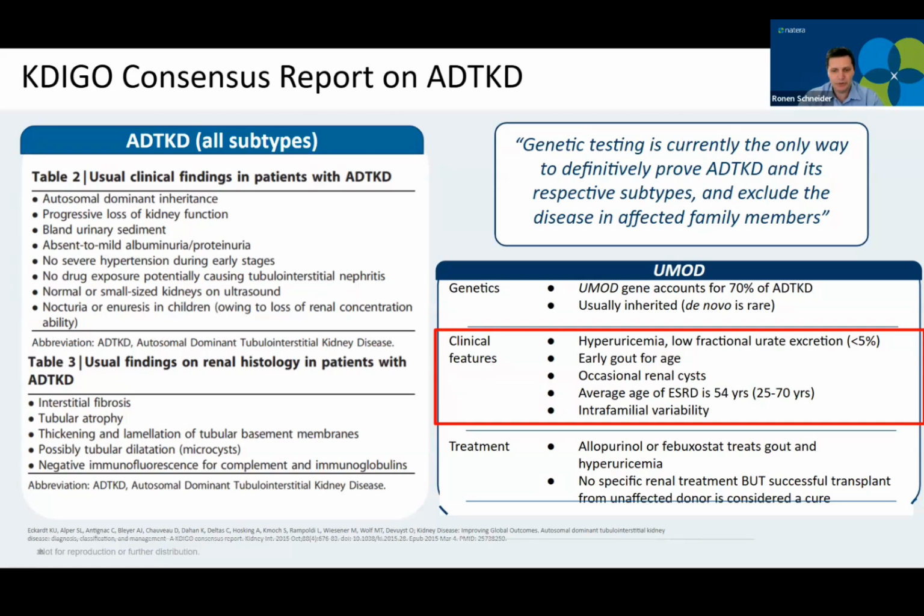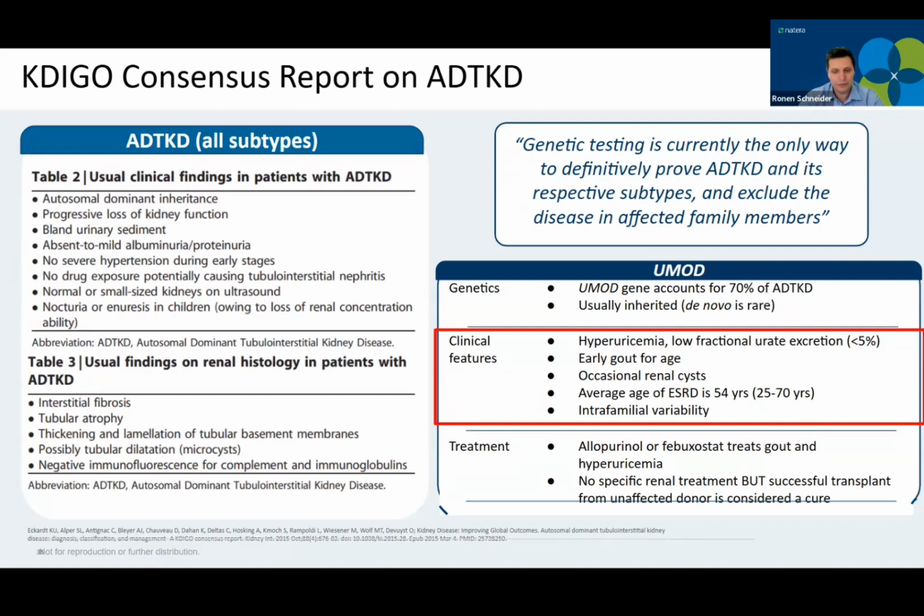So one of them is hyperuricemia. Many of our advanced CKD patients do have high uric acid levels. Early gout, occasional renal cysts, also a pretty common finding in our general CKD population. And look at the range of end-stage kidney disease development, 25 to 70.